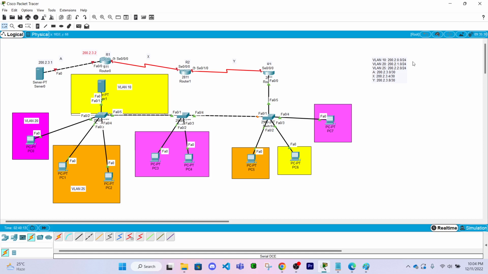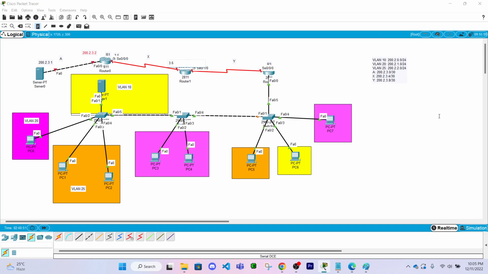I again say that 200.2.3.4 to 200.2.3.7 is the IP range and we don't use 3.4 and 3.7, and we will use 3.5 and 3.6. So I write it here: 3.5 and 3.6.